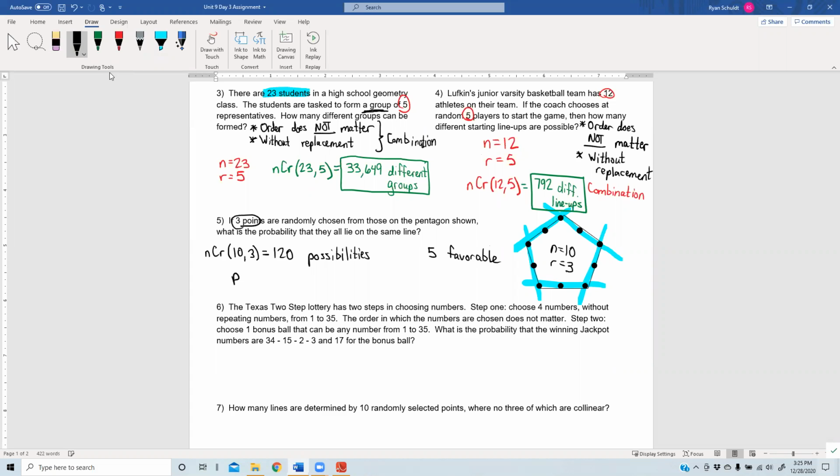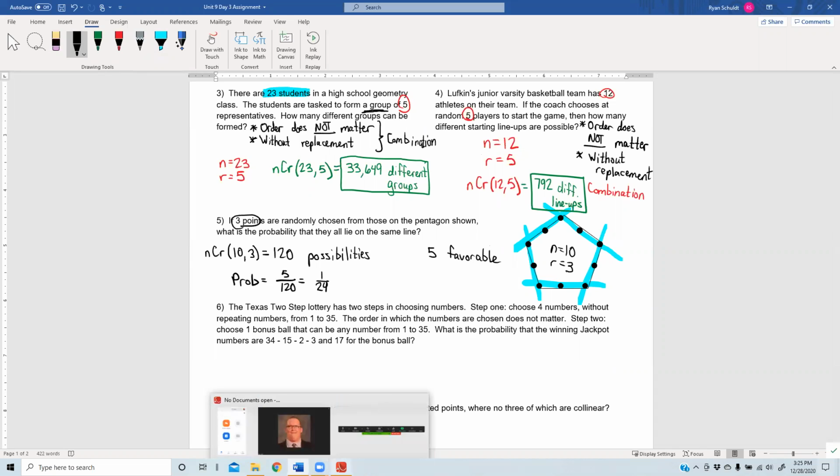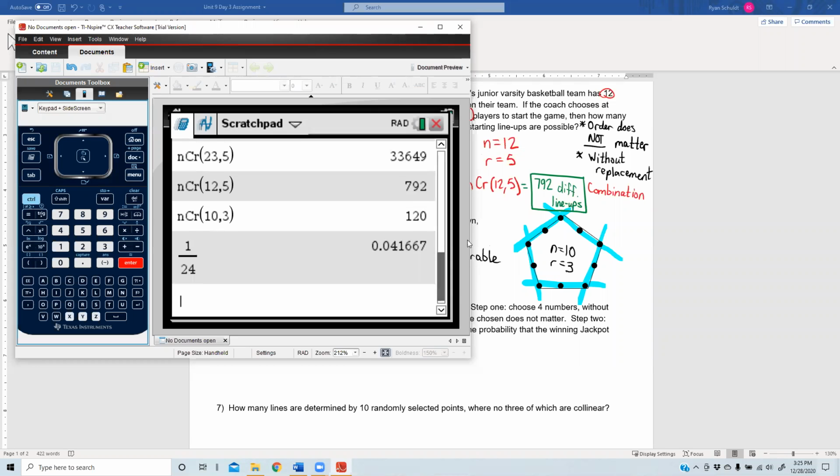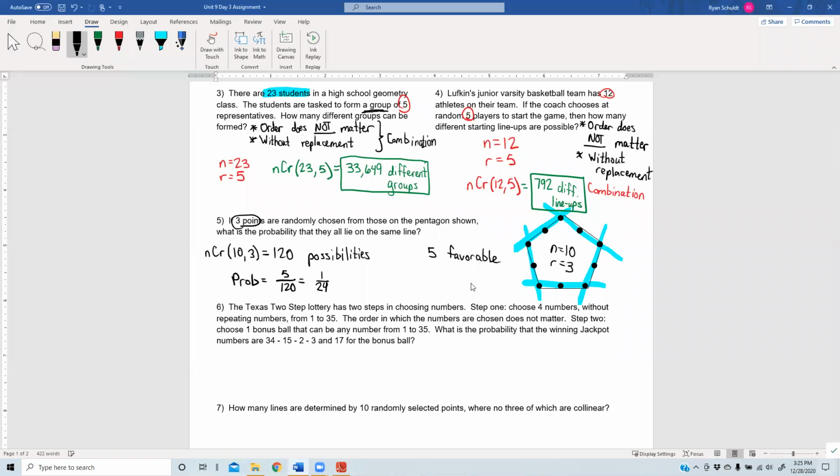So the probability will be 5 divided by 120, which reduces to 1 over 24. As a decimal, that would be 0.0417.